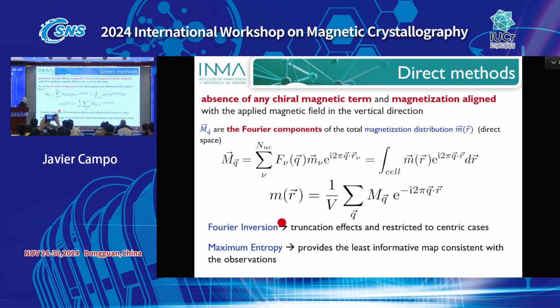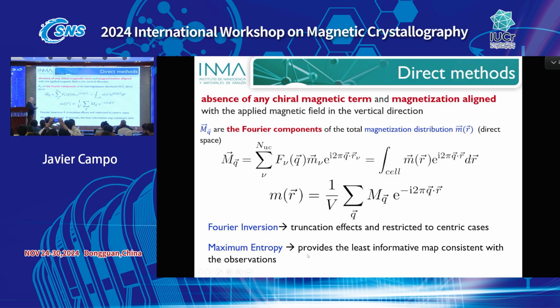With Fourier inversion, we will have truncation effects, because we will not be able to measure an infinite number of Qs. This sum will have truncation effects, and it is restricted to centric cases, in which it's easy to determine this, because if not, we have the phase problem. Maximum entropy methods provide the least informative map consistent with your observations.